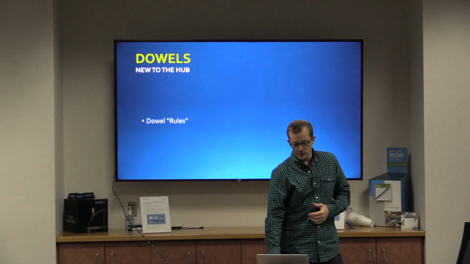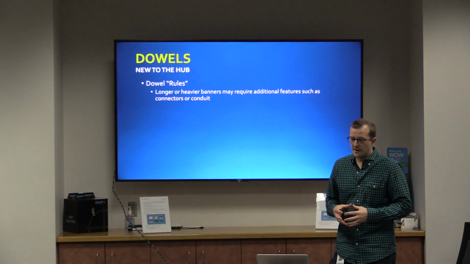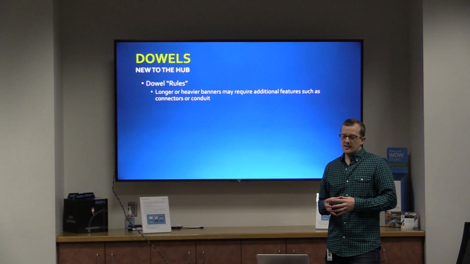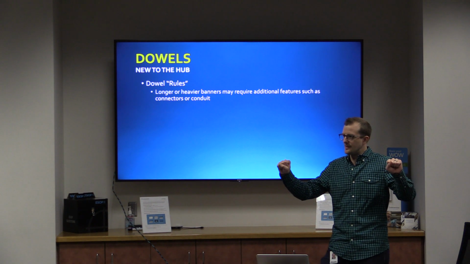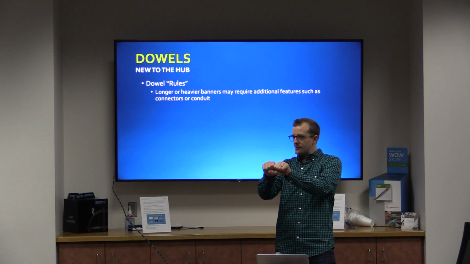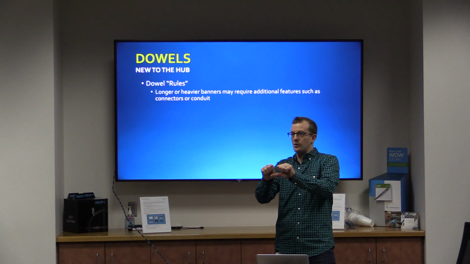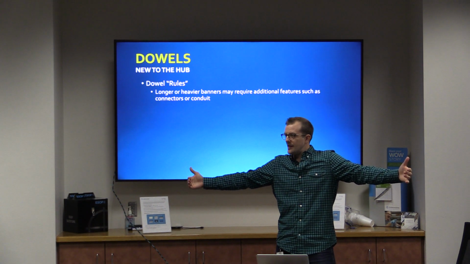So there's a couple rules that are implied that we'll go over. Longer and heavier banners, typically they may need additional features, like they like to take 2 and connect them, and then there's a connector that is needed that increases your pole pocket size, or you got to use metal because it's a longer banner, whatever the case may be.